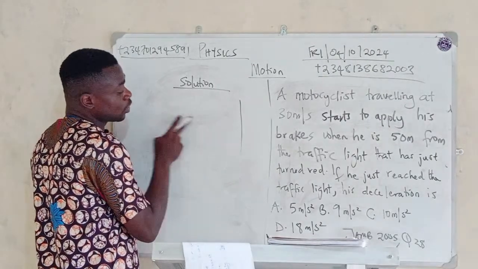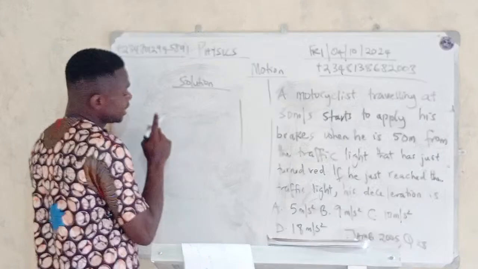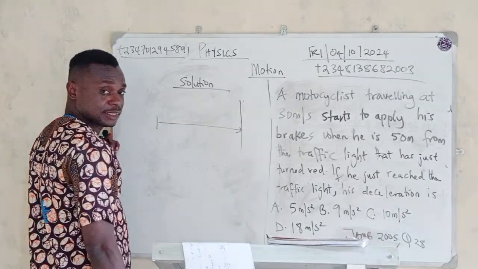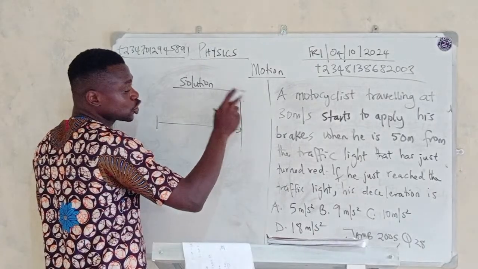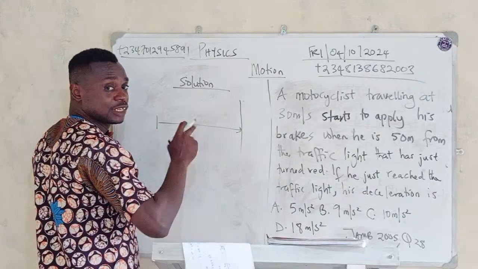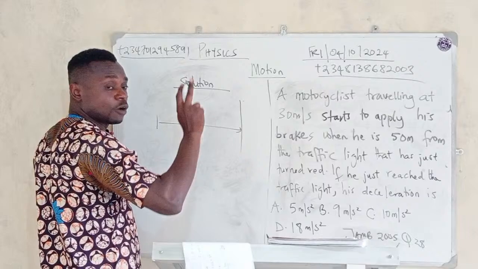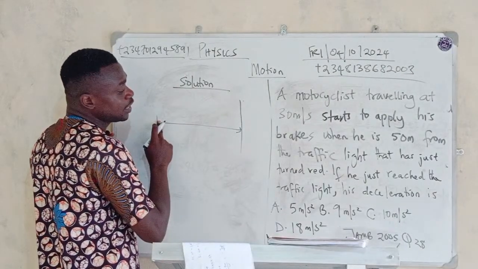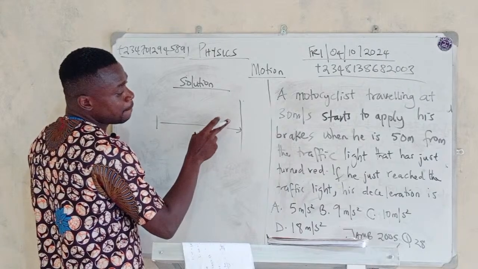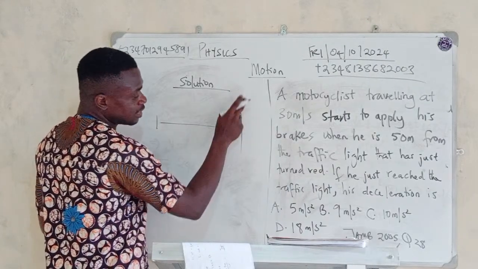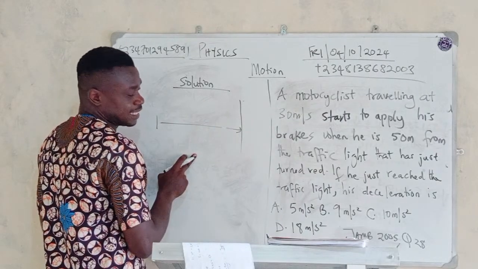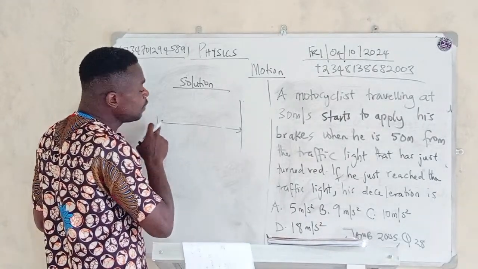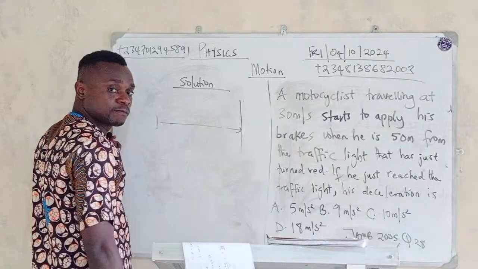Before he could come back to his senses, he was already 50 meters from the traffic light. If it's green, you can pass. If it's red, you stop. So before you could realize that it has turned red, you were already 50 meters from this traffic light that has turned red. So he started applying his brake when he was 50 meters from this point.